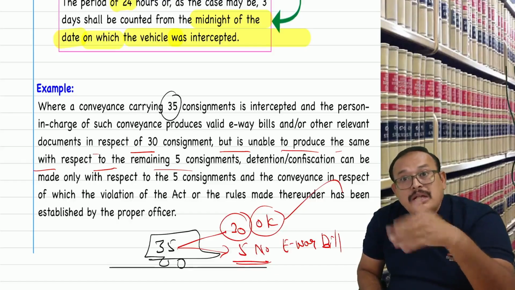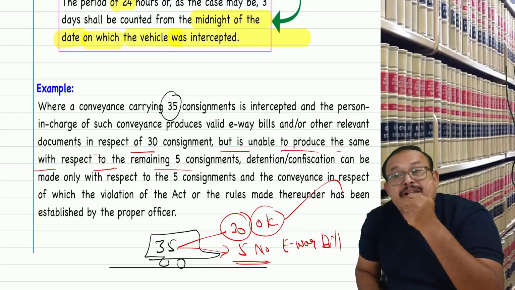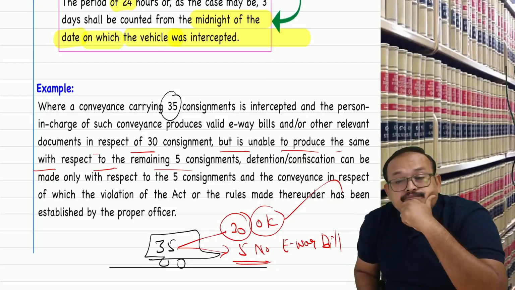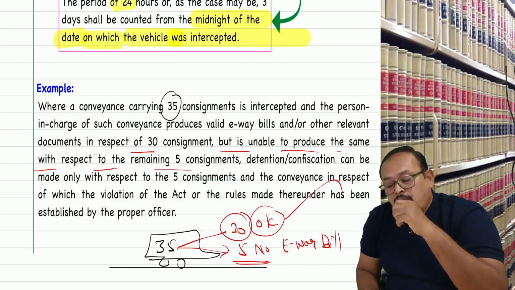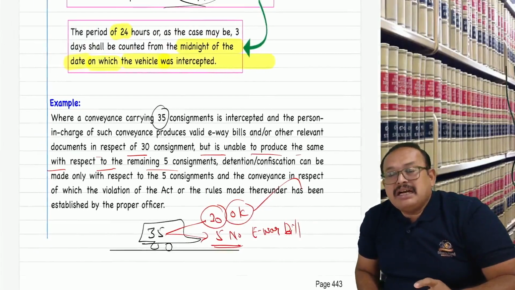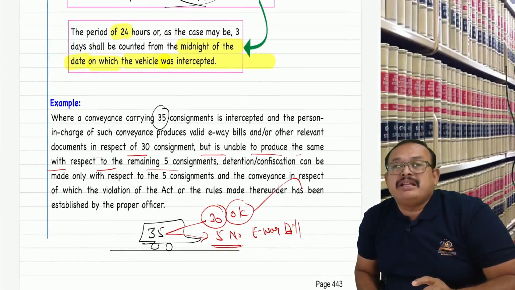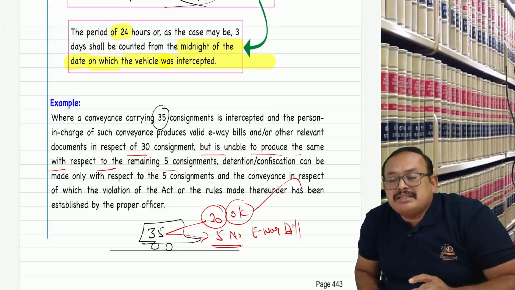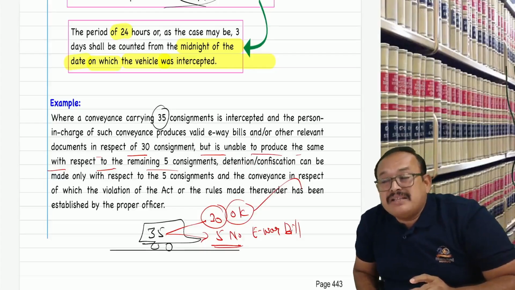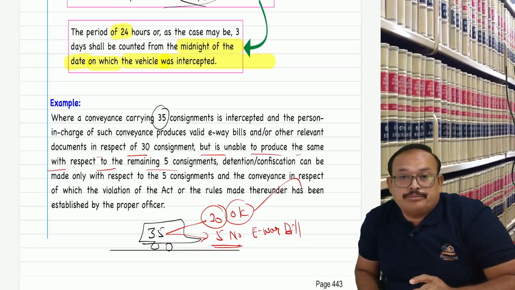The truck owner is also liable to face penalty under 129. You get my point? A detailed discussion on section 129 will be taken up under the offences and penalties chapter, not now.